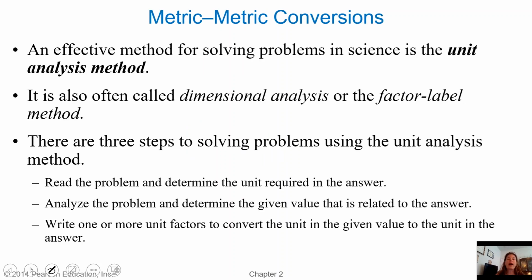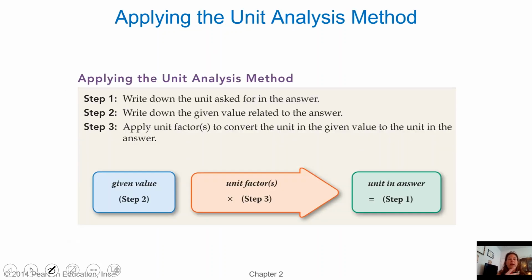Well, the fancy word is unit analysis method. Basically, it's just metric conversions. And we've got 3 steps to doing this. Figure out what the problem is asking us, set it up appropriately, and use the conversion factor to get from one unit to a different unit. So this is what we're going to have it look like.